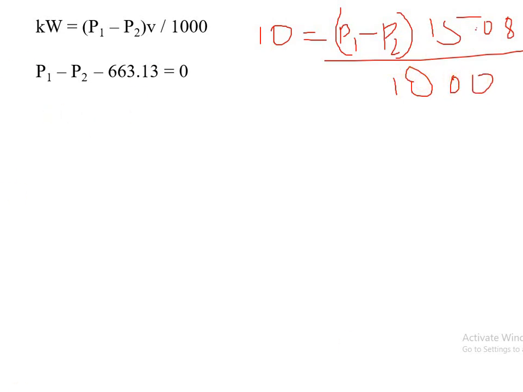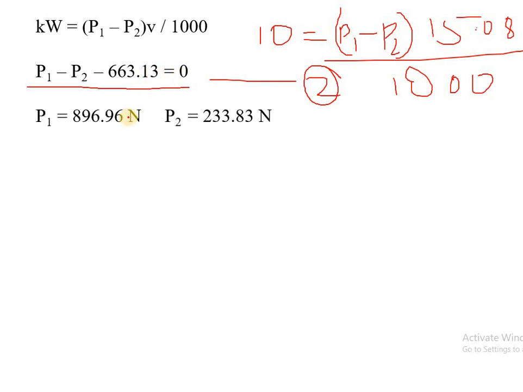On solving this, you get the simplified equation, which we will call equation number 2: P1 minus P2 minus 663.13 equals 0.